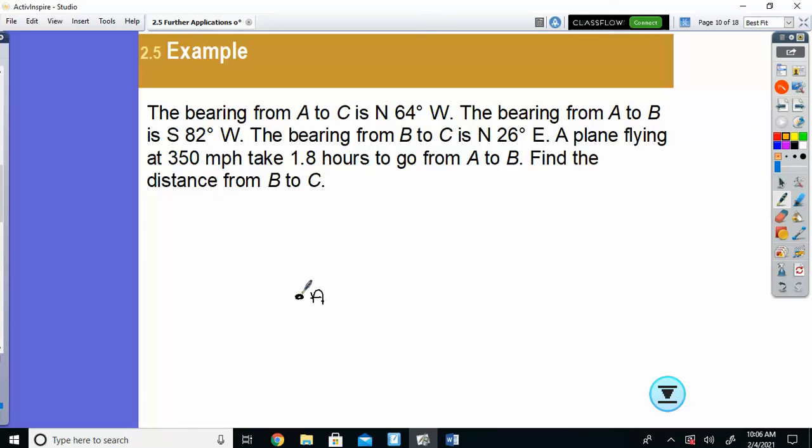North-south, every time. To get to C, we're going north 64 degrees west. So it's this angle right here from the north-south line that is 64 degrees.